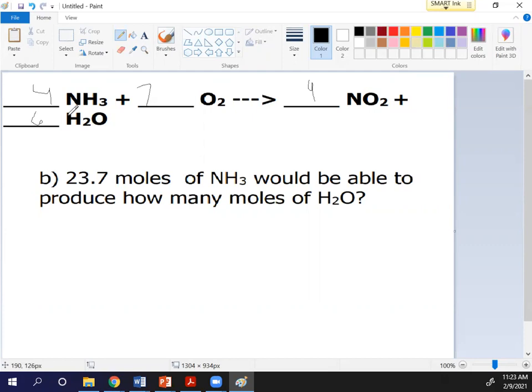So I need to take what I know and put it over 1. What do I know, Logan? 23.7 moles of NH3 put over 1 times. What's going on the bottom of this next fraction?